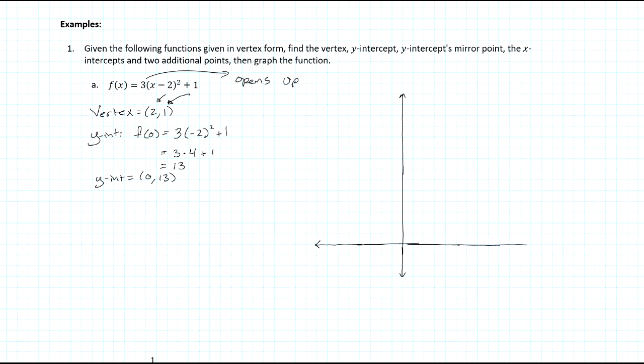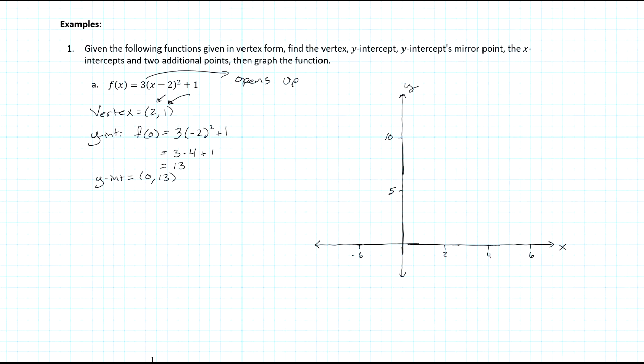The y-intercept is 13. So let's see. I've got 5, 10, 13. It's there. That'll work. So we can just go by ones in the y direction. In the x direction, let's stretch it out just a little bit. Let's do 2, 4, 6, negative 2.